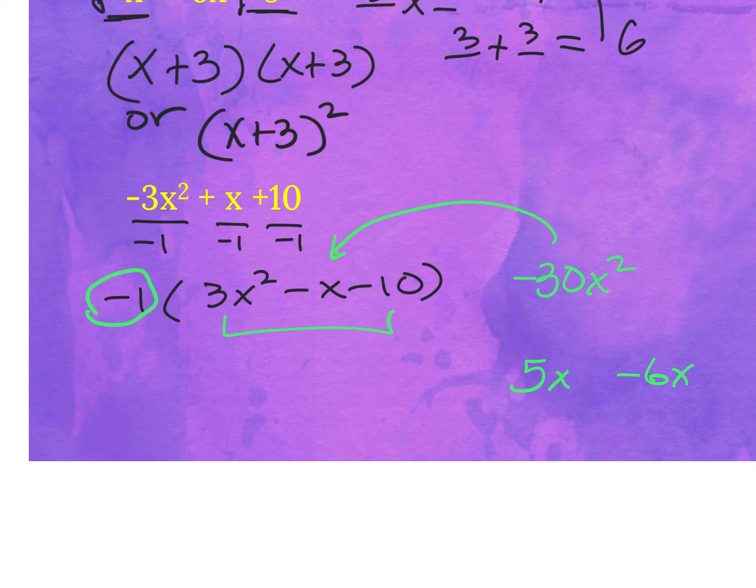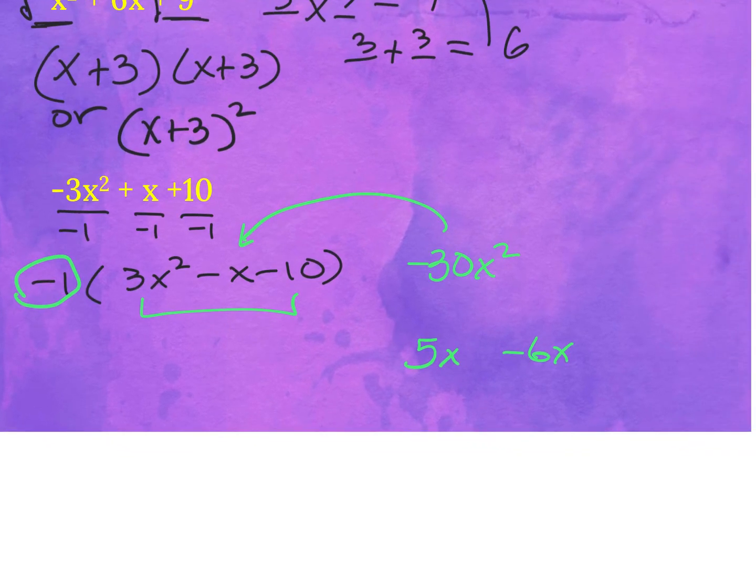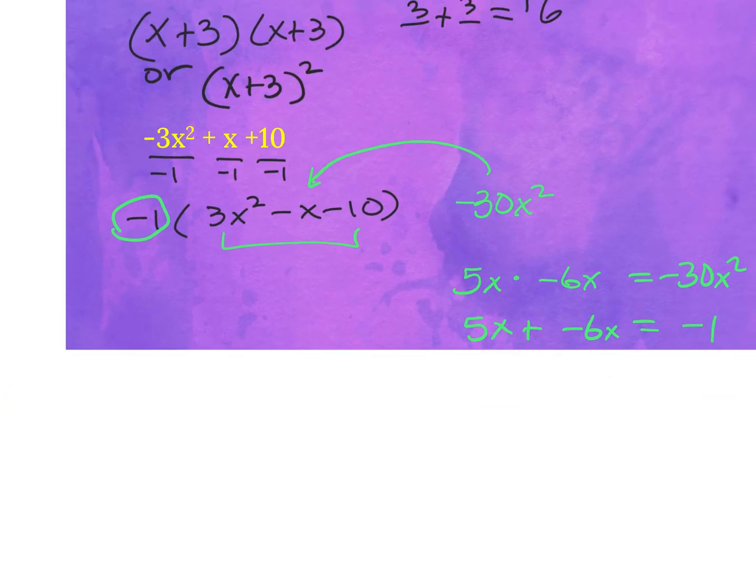It's the sign of the middle. Because when I multiply these two, I get the negative 30x squared, and when I add them, I get the negative 1x. So this is where we can't take the shortcut. We just need to factor by grouping here.